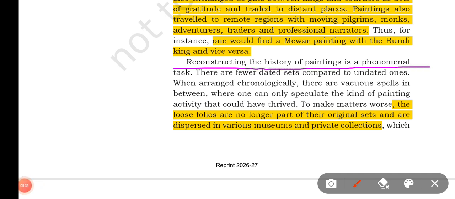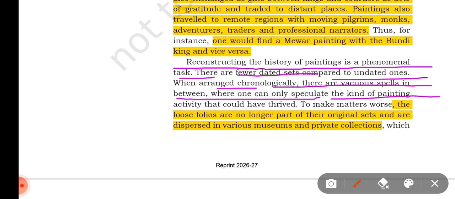Reconstructing the history of painting is a phenomenal task. There are fewer dated sets compared to undated ones, and when arranged chronologically there are vacuous spells in between where one can only speculate the kind of painting activity that would have thrived.